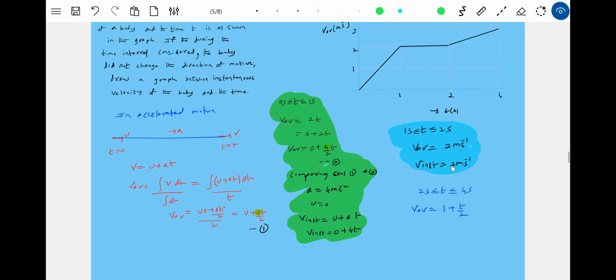Here the 3 is missing. I'll indicate. So you have to extend this curve like this.